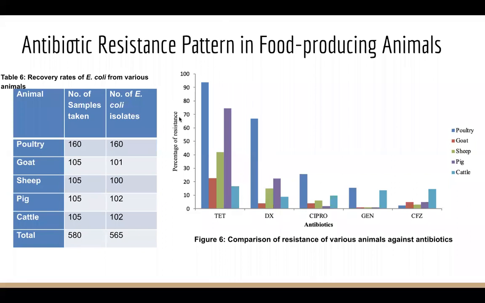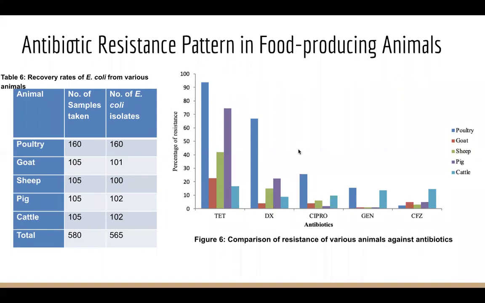We have found out that, as they said they use tetracycline a lot on their animal farms, we found a very high resistance to tetracycline, especially in poultry, which is normal because poultry production is capital intensive and most of the farmers wouldn't like to lose their animals.